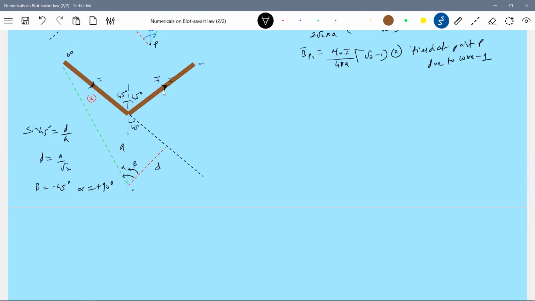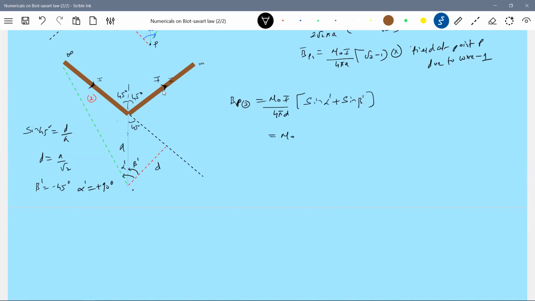The same formula: the magnetic field strength at point P due to wire 2 should be equal to mu naught I by 4 pi D times sine alpha plus sine beta. If you want to give some other symbols instead of alpha, beta, you can write theta 1, theta 2, or alpha dash, beta dash.